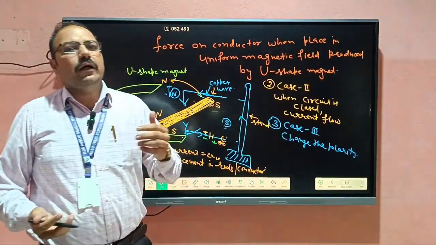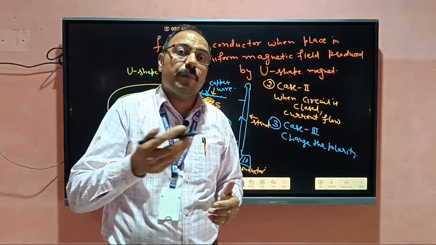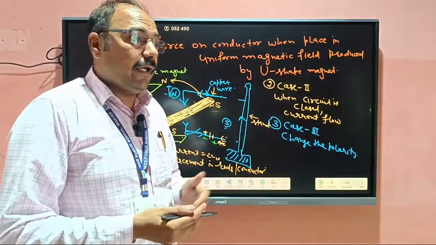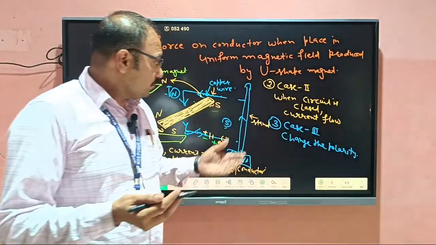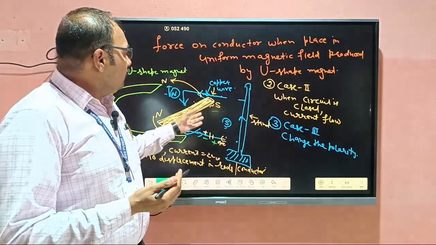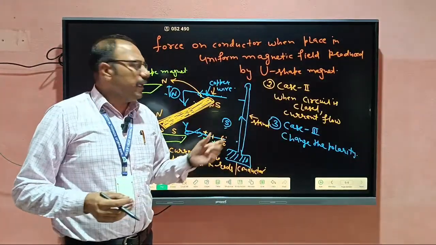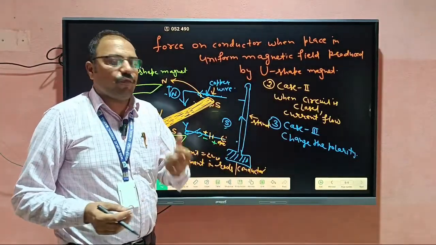So we can also find out the force on charged particles and conductors, like positive particles, protons, neutrons and electrons, by this method. And again here the question arises, what is the direction of a force?